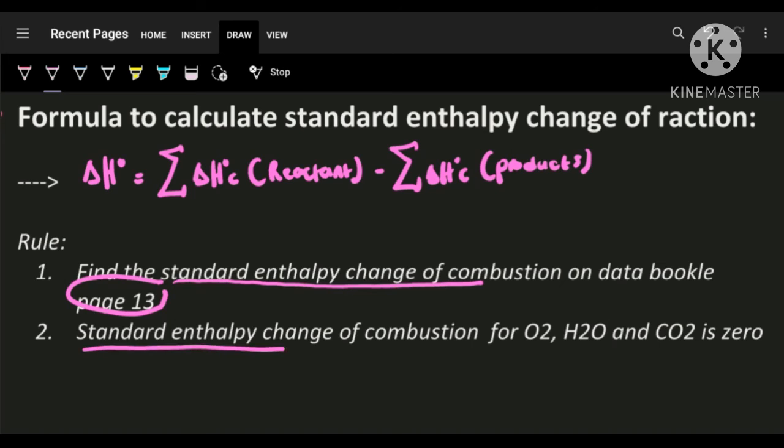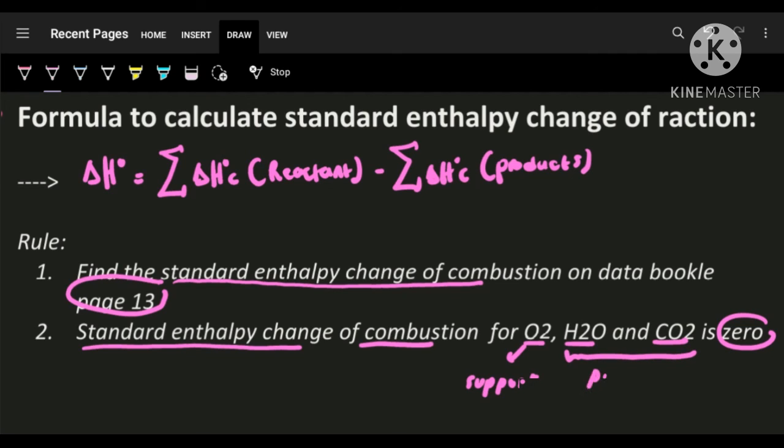Then the standard enthalpy change of combustion for oxygen, H2O and carbon dioxide is 0. Why is oxygen 0? Because oxygen just supports the combustion. Oxygen does not undergo combustion, it just supports the combustion, and H2O and carbon dioxide are the products of combustion, so they do not undergo the combustion process. Only a substance that undergoes combustion has a standard enthalpy change of combustion. Other than that, there is none.